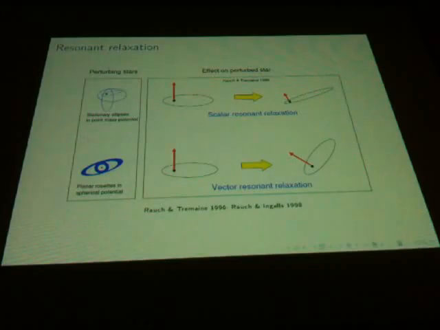Now our test star will be affected by this in a way that its angular momentum will change. Its energy will not change at this level of approximation because the potential is fixed, so energy is conserved. But there will be a net force and therefore a net torque. And a star could, in principle, transition from a somewhat eccentric orbit to a very eccentric orbit.